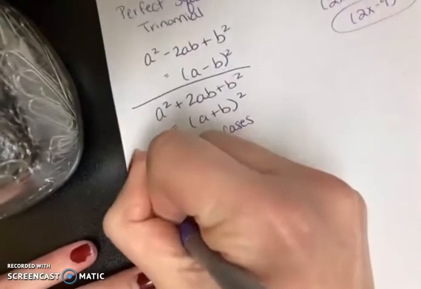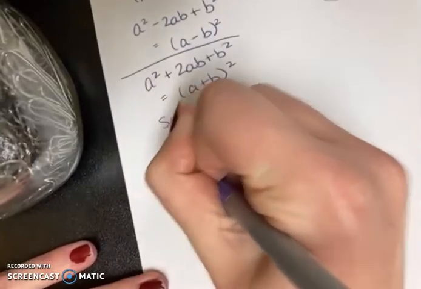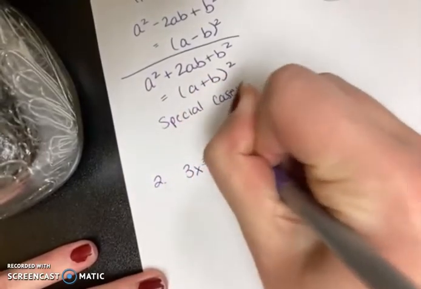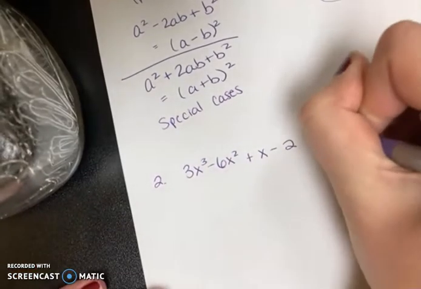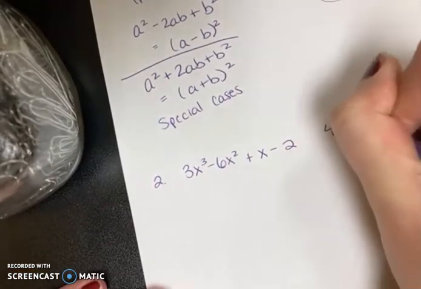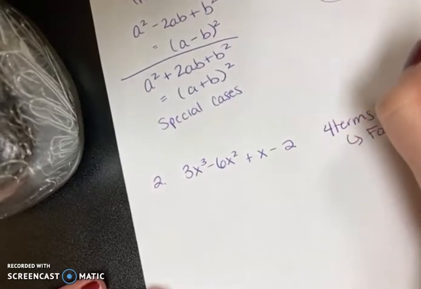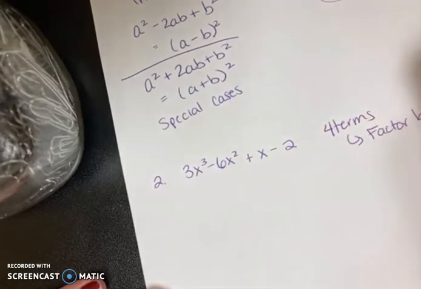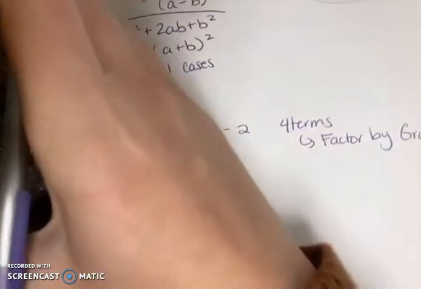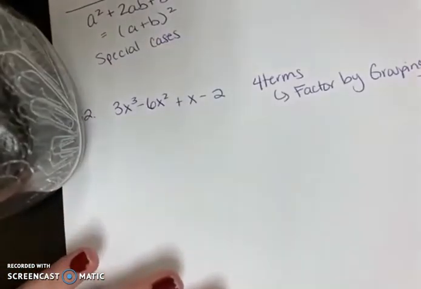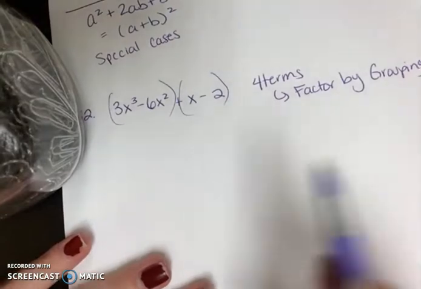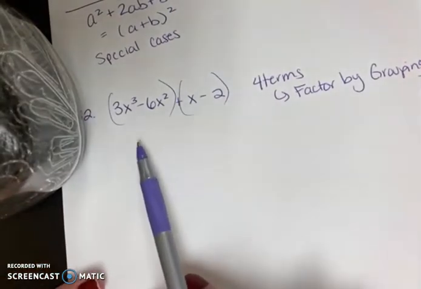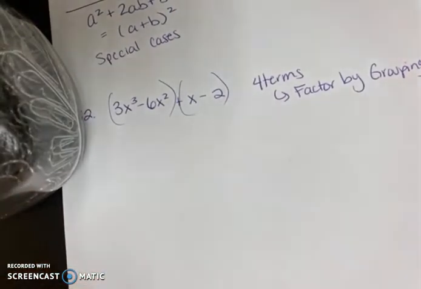Number 2, we have 3x cubed minus 6x squared plus x minus 2. We have 4 terms, which means we want to factor by grouping. Remember, when you factor by grouping, you pair the first 2 terms together and then the last 2 terms together, and the goal is to make the parentheses look the same after we pull out a GCF.